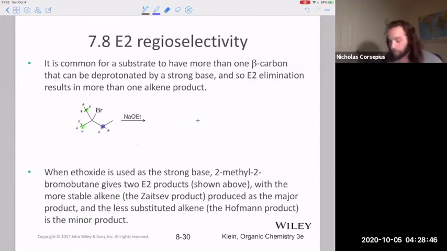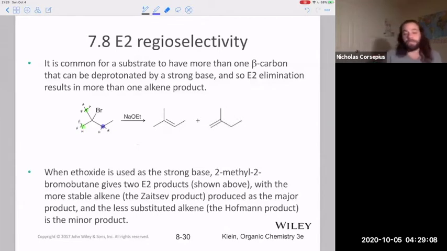So in this case, there would be two different products. Both of those green carbons would give you equivalent products if you had an elimination there. The first one would be if the blue beta carbon lost its hydrogen, and the second would be if one of those green beta carbons lost its hydrogen.